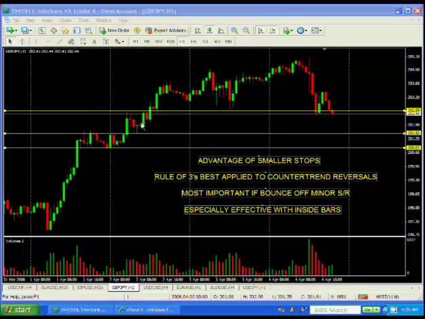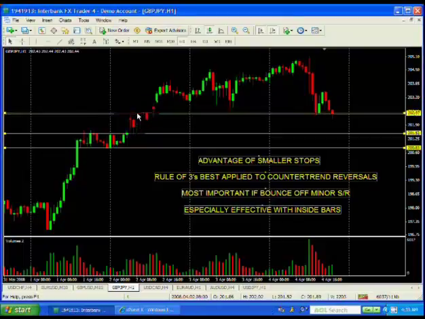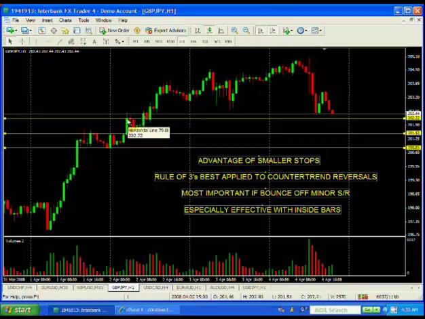Now, if we follow the market along here, this is important because, as we stated, once we get a close above here, we have a breakout and coming back down. Now we have new minor support, because we have a close above what was a resistance.